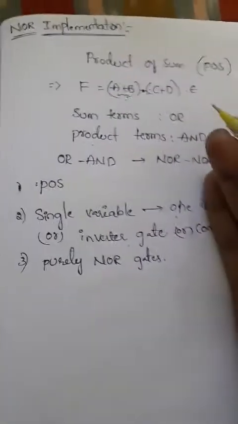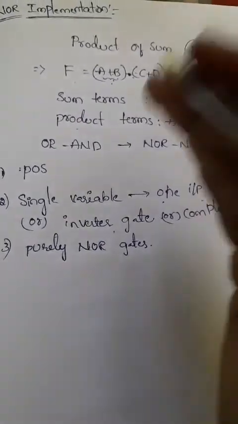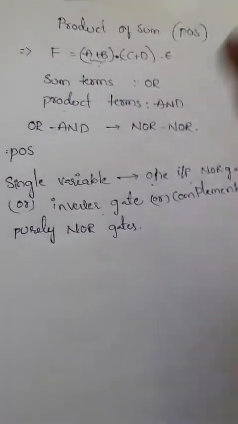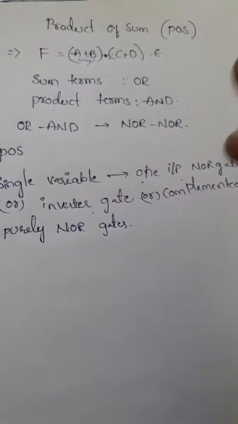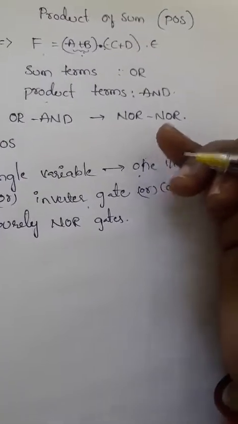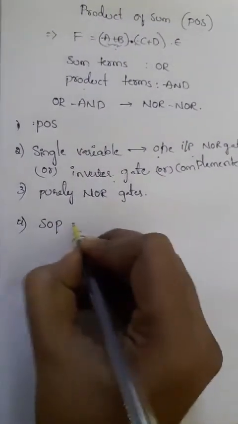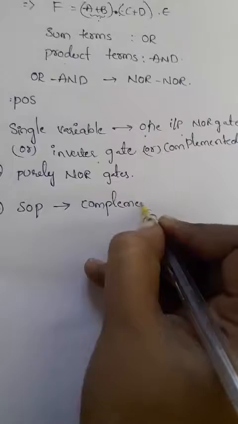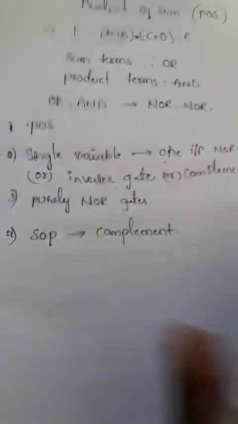So first check whether it is a POS expression or an SOP expression. If it is in SOP form, first apply the complement to it, and automatically the function converts into POS.